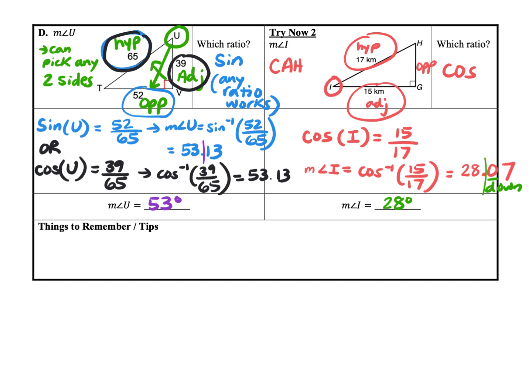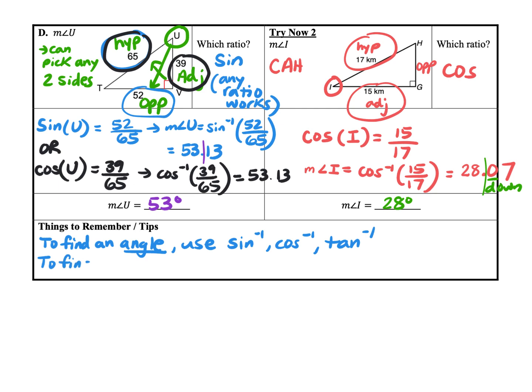Finally, for some things to remember or tips, I want you to remember that to find an angle, you're going to use either sine inverse, cosine inverse, or tangent inverse.